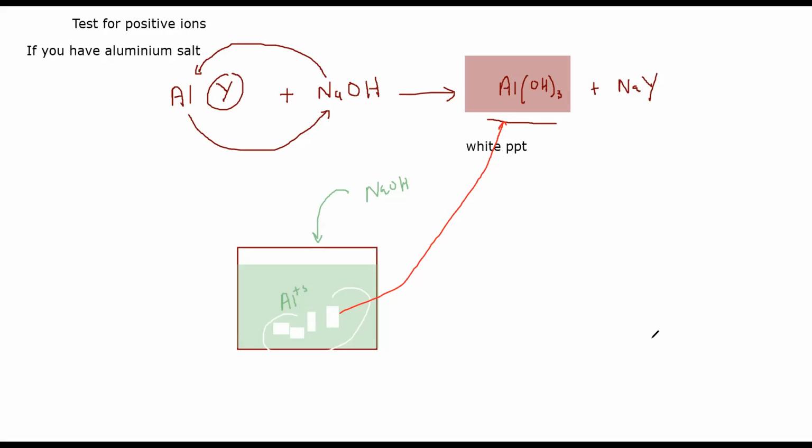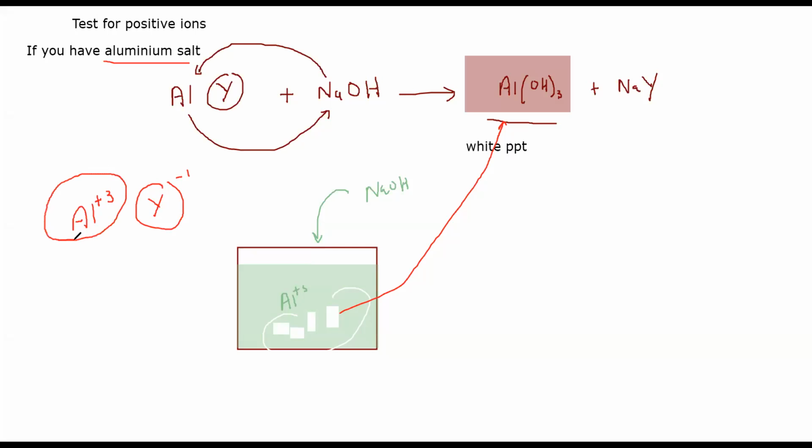Then if you add an excess, meaning more than enough. Aluminum is a positive ion. A salt of aluminum means it contains aluminum, and any other element or molecular ion can be there, that is negative. So I want to test this aluminum.